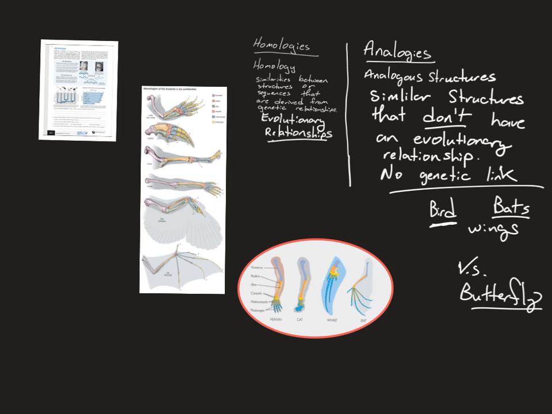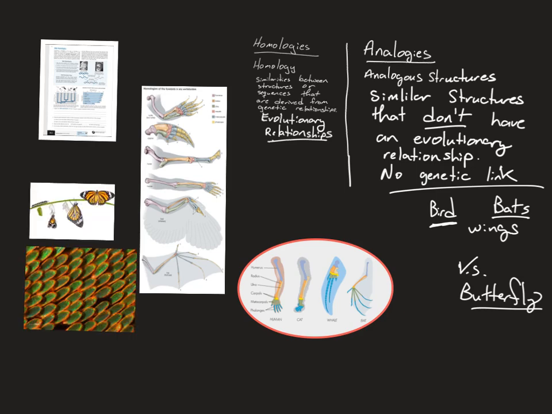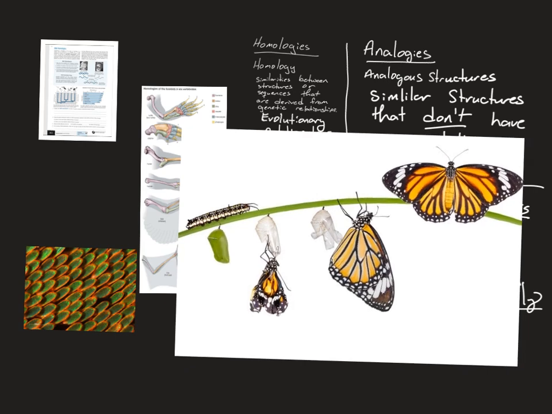Now, often analogous structures are used in a similar way, the way wings are used in bats and birds, and wings are used with butterflies to fly. Butterflies' structures are very, very different. Their wings, butterfly wings, are made of little scales, it's a membrane.